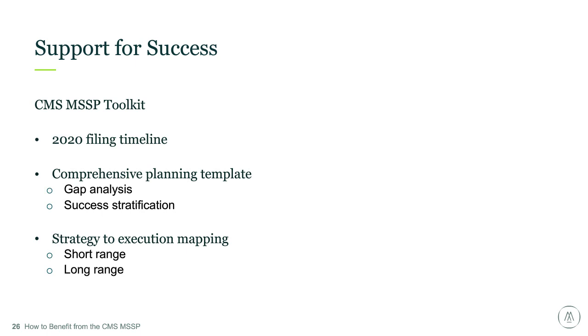I don't want to say tiptoe, because that's not a fair representation, but it does allow you to migrate over time, getting into the downside risk models with a little bit of practice before you jump in all the way. We can talk more about that later.